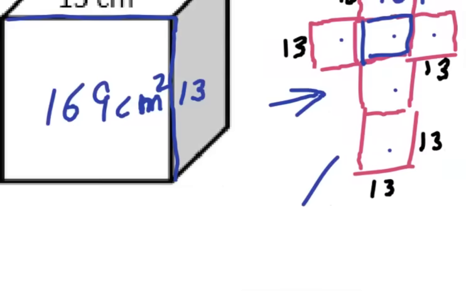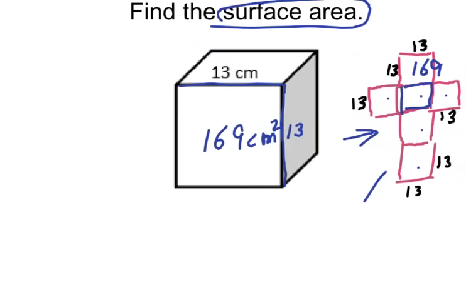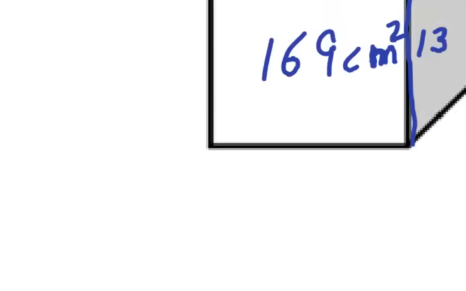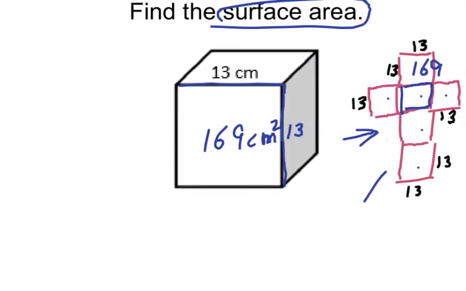So with that being the case, all we have to do is take 169 times 6, or you can do 169 plus 169 plus 169 6 times. But if we just do 169 times 6, we end up with 1,014. So we have 1,014 centimeters squared. So there's our answer, 1,014 centimeters squared. That is the total surface area.